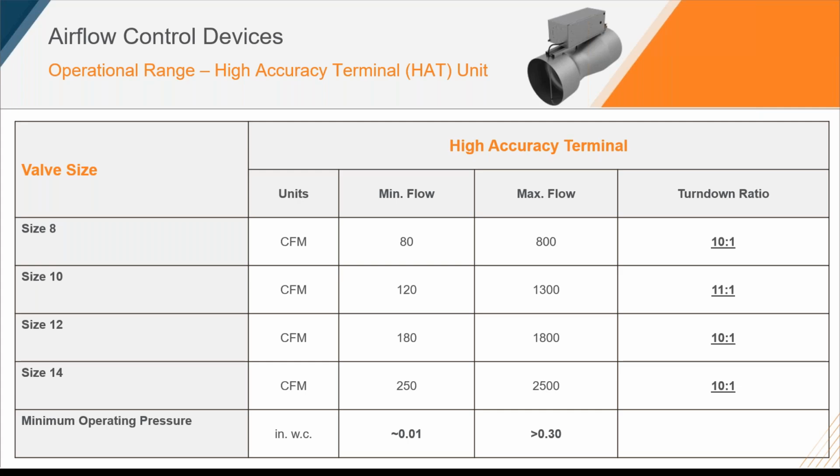So typically, you're going to see these air valves operate at 0.3 inches at the maximum flow ranges. If you're looking at the mid-range flow ranges, you're typically going to see between 0.15 to 0.2 inches of pressure for the minimum.